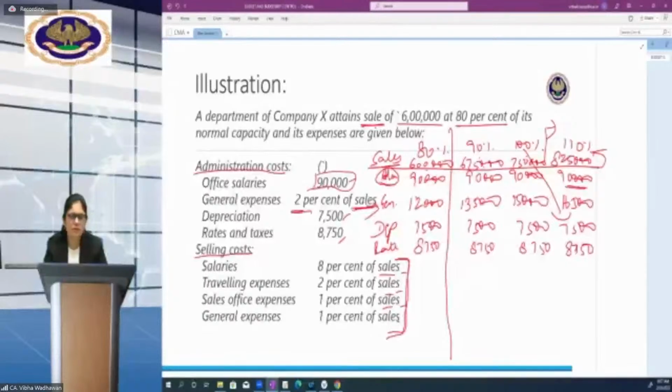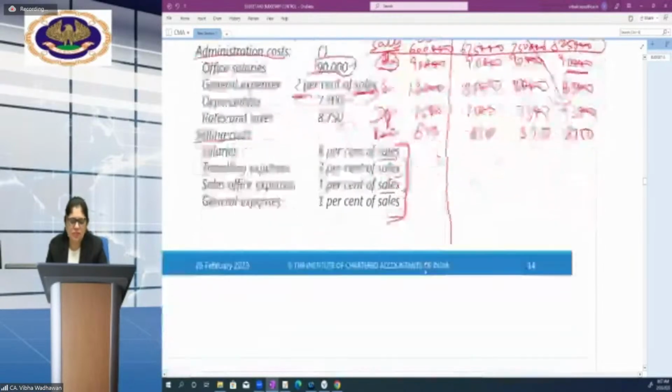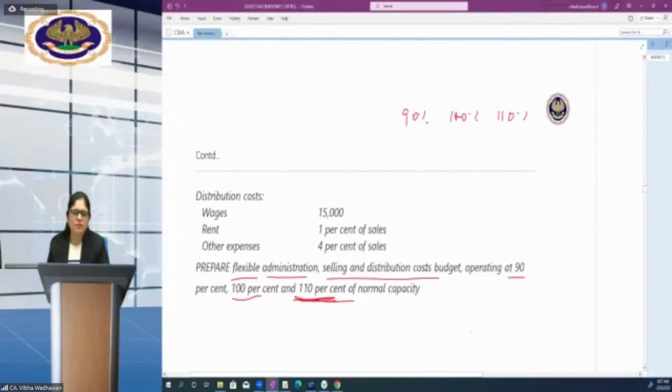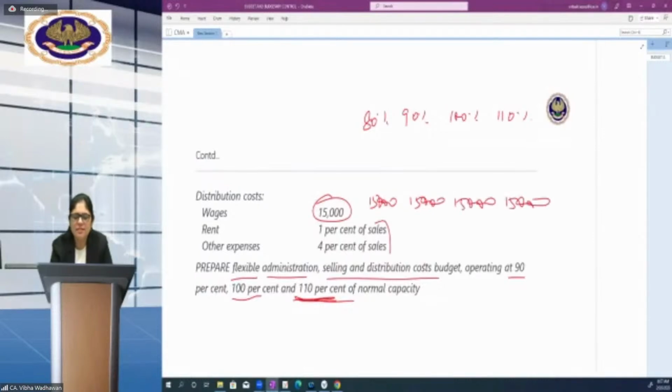So I hope you will be able to calculate this. Selling cost, just calculate the percentage of sales. And then you have the distribution cost also. Distribution cost, wages are fixed, so it will be 15,000, 15,000, 15,000 and 15,000. Wages are fixed. And this is variable. Rent and other expenses are variable.